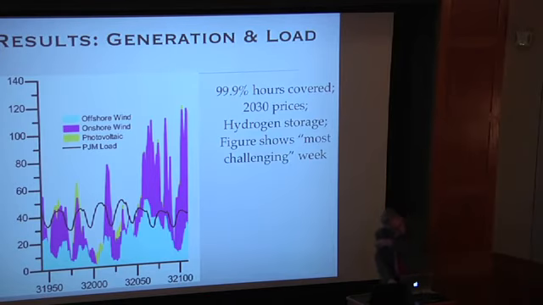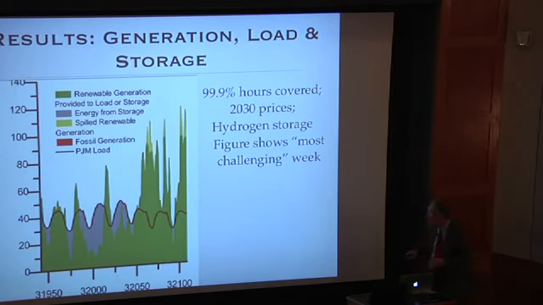Okay, so let's add storage to this now, because right now you're using this heritage legacy fossil. So when we add storage, now all generation is green. All the generation is green, and then energy from storage is the gray, filling in.